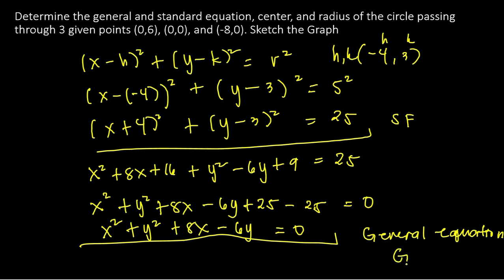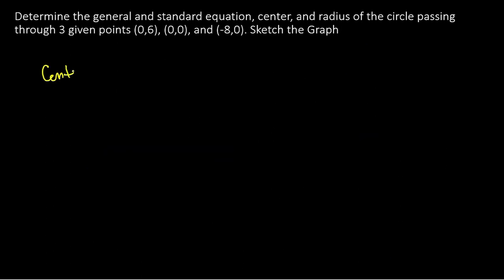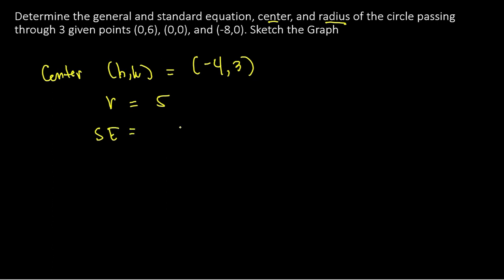O yung ating GE. Yung ating center, o yung ating hk, ay equal siya sa negative 4, 3. Yung ating radius is equal to 5. So, nasolve na natin si center saka si radius. Then, yung ating standard equation, ayan, x plus 4 square plus y minus 3 square is equal to 25.